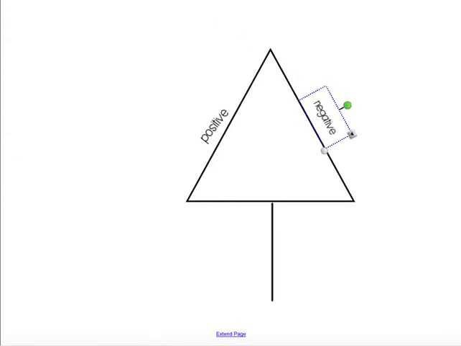Okay, and then this line going this way, 0 or no slope. And then if it is straight up and down, we have an undefined.